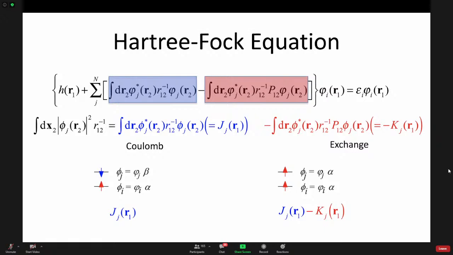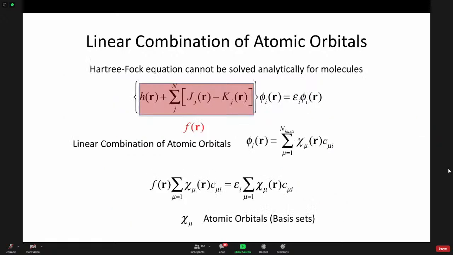So now we want to solve this equation. However, we cannot solve this analytically for molecules because we want to solve this wave function and this eigenvalue problem, but the wave function is also contained in J and K. So we can't solve it analytically, so we have to solve it numerically.